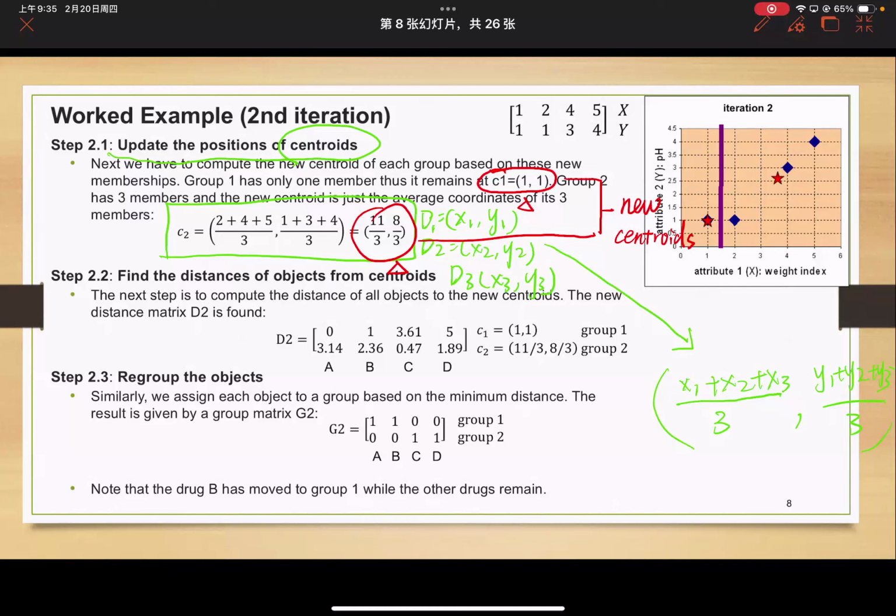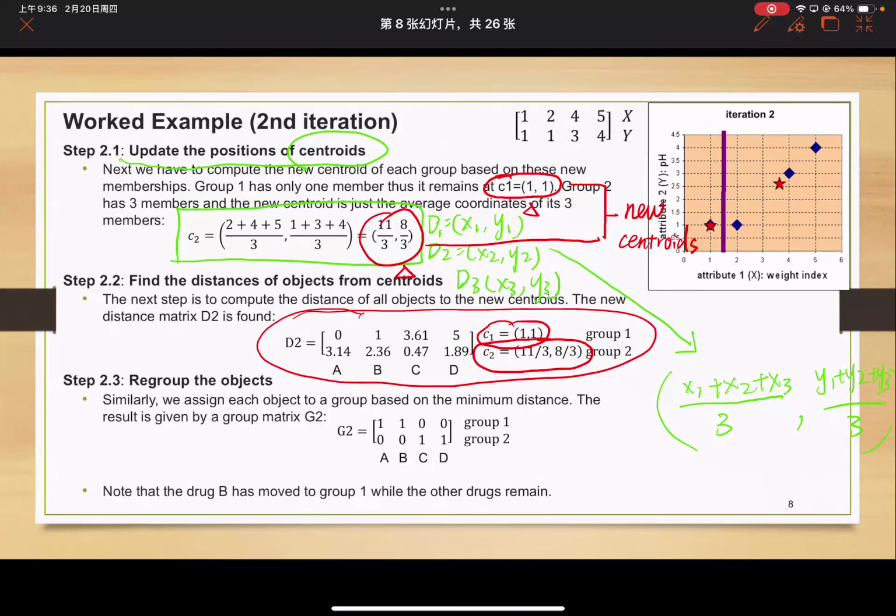Here, step 2, we again calculate the new distance to the centroid. But for C1 and C2, we are going to use the new values of the centroids. Okay, so this is the difference. And then we group the objects again according to the new centroids.